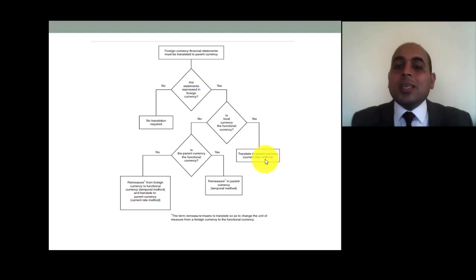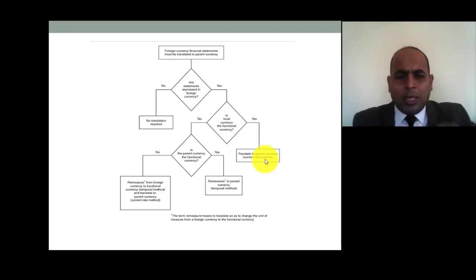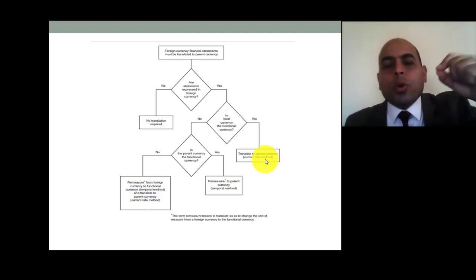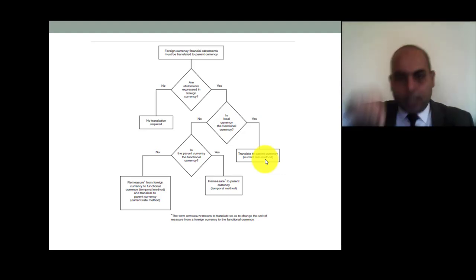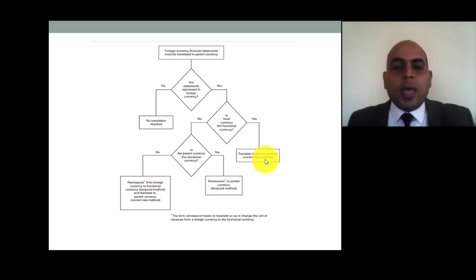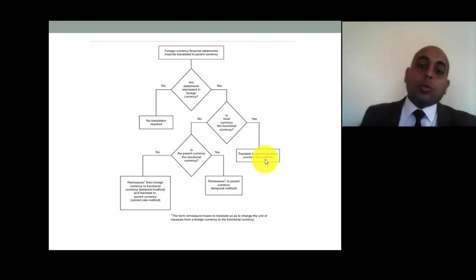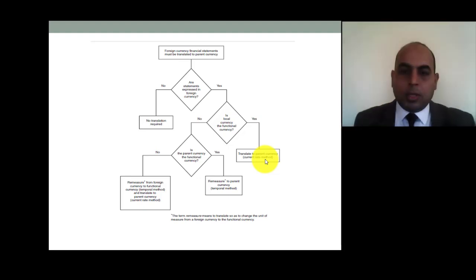If yes, in this case we need to remeasure the financial statements. It means we will use the temporal method. Again, if they are located in Egypt and use the Egyptian pound to record transactions, and mostly the Egyptian pound is the currency used to sell and pay expenses, we will use the current rate method to translate the financial statements.